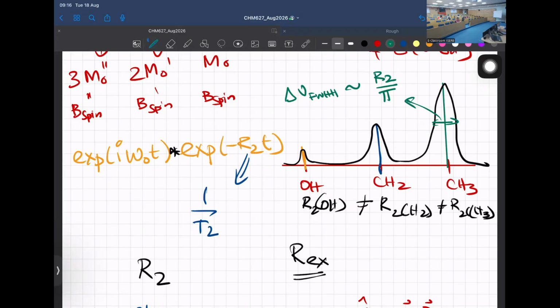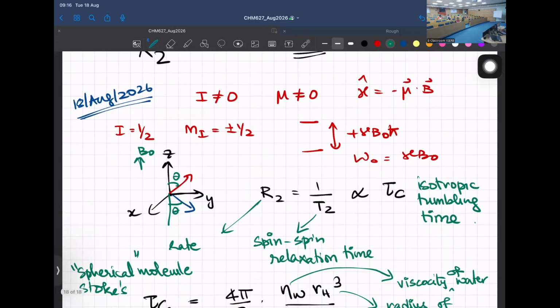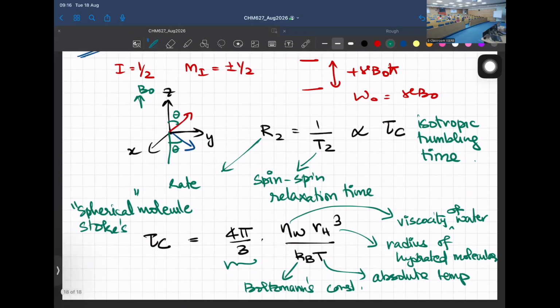Therefore, you cannot study very large molecules unless you do other tricks to reduce transverse relaxation time, which we'll keep out for the time being. Okay? So one of the major outcomes in understanding line width is that as the molecular size increases, your line width increases, and solution state NMR has a size limitation when it comes to measuring data. This is very important. On the other hand, solid state NMR doesn't suffer from it, but we'll keep it out for the discussion as we're not going into the detail of it.